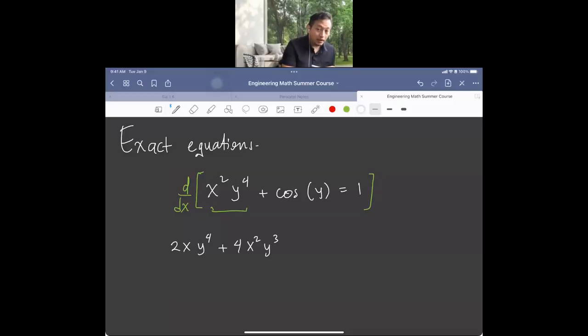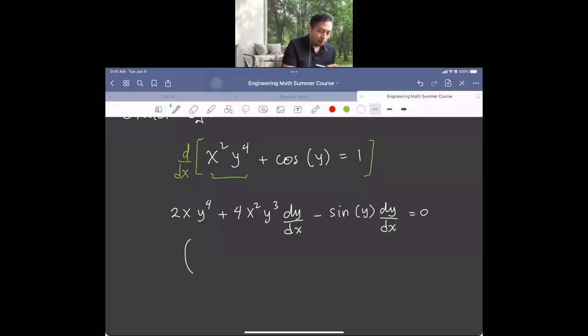Don't forget, whenever we differentiate y, we still need to write dy over dx. That's the rule in implicit differentiation. And then cosine y is also a function of y. We differentiate, and it becomes negative sine of y times dy over dx. And this is equal to 0, because it's just a constant. Now we can group all the dy over dx.